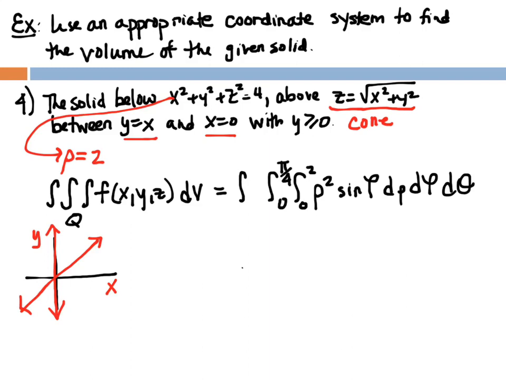We want the angle measure between these two. The angle at the line y equals x is pi over 4, and the angle up on the positive y-axis is pi over 2. So my limits of integration on theta go from pi over 4 to pi over 2.